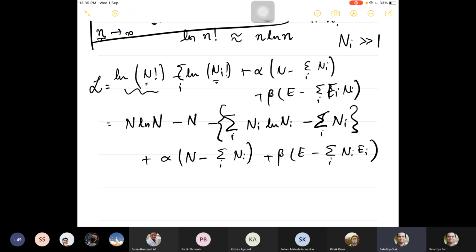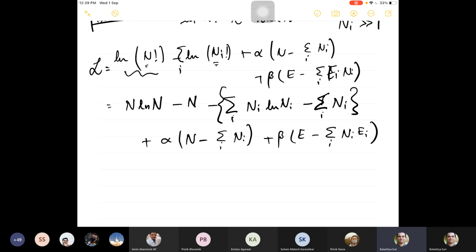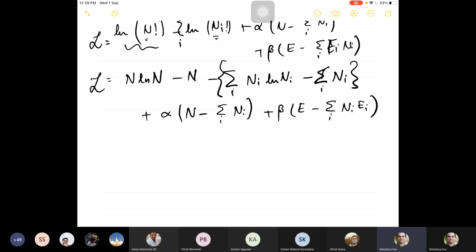All right, now we maximize. This is L. If you maximize L, that is, you want its derivative to be 0. Mathematically, that's the only way we know to compute a maximum. Take the derivative with respect to whatever variable you are trying to maximize this with and make it 0.